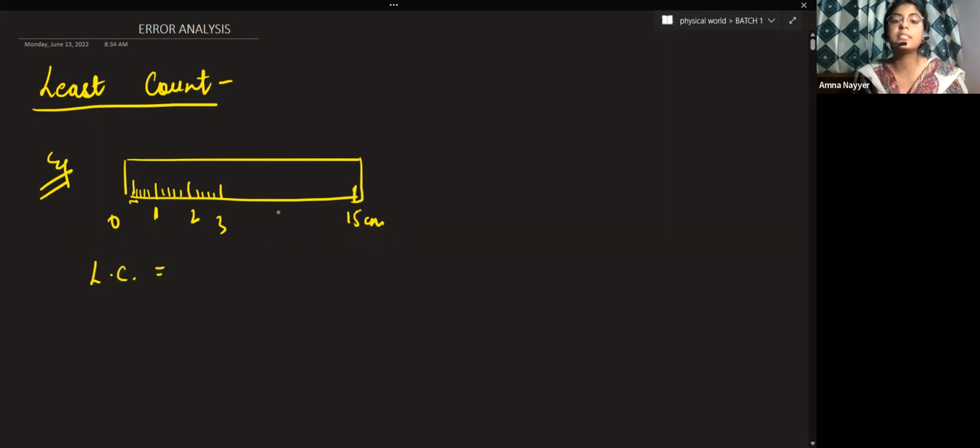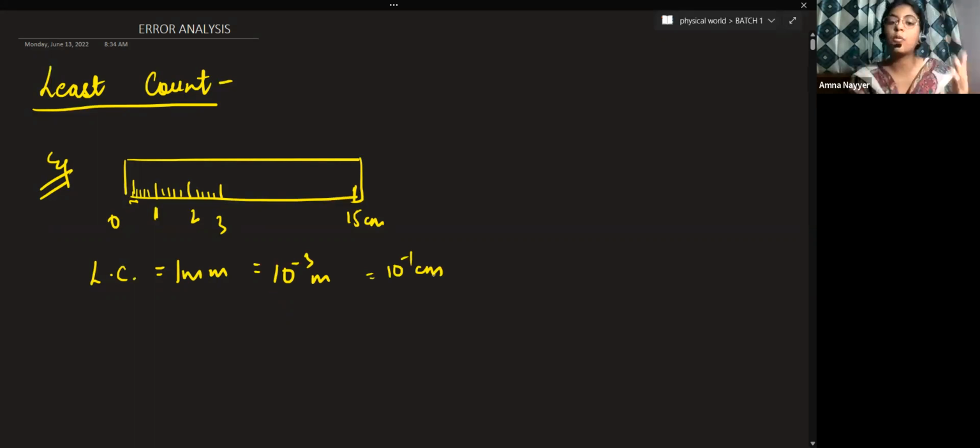The least count of this scale, this 15 centimeter scale, is 1 millimeter. Or if I want to convert it in terms of meter or centimeter, milli has to be replaced with 10 to the power minus 3. So this much meters, or you can say 10 to the power minus 1 centimeters.